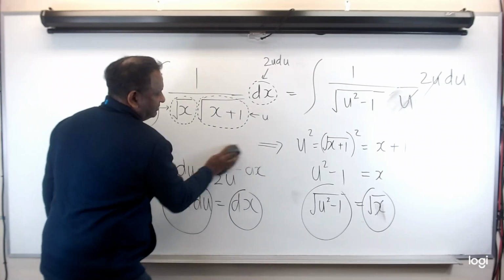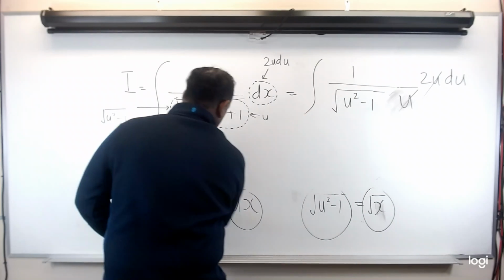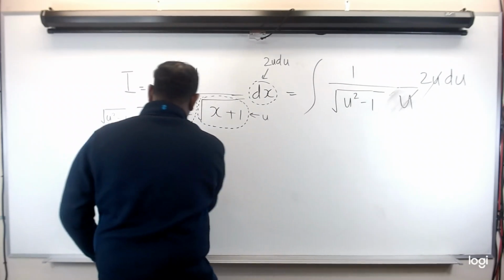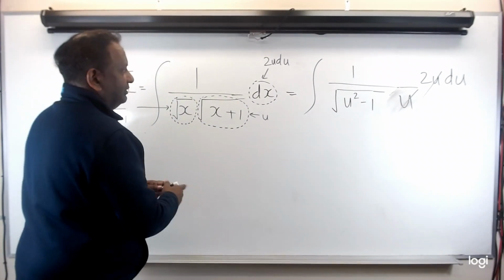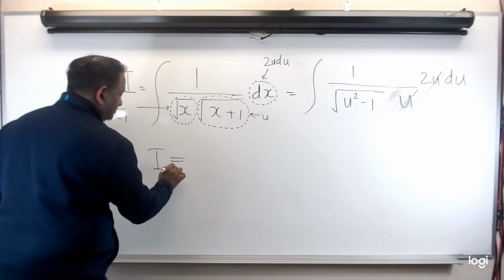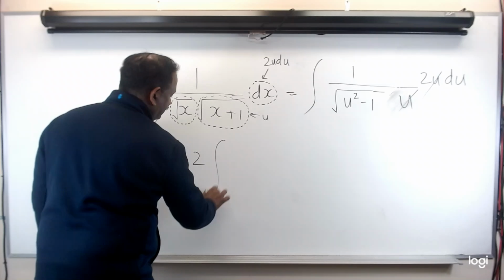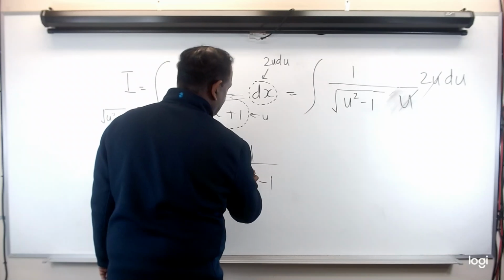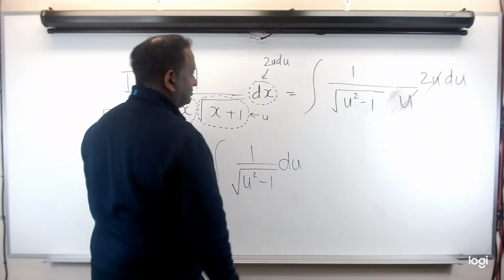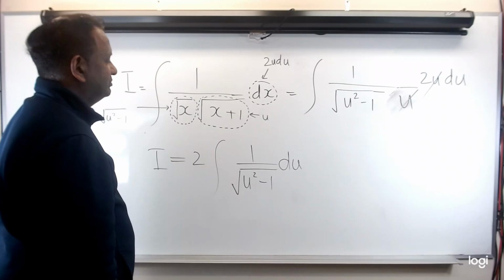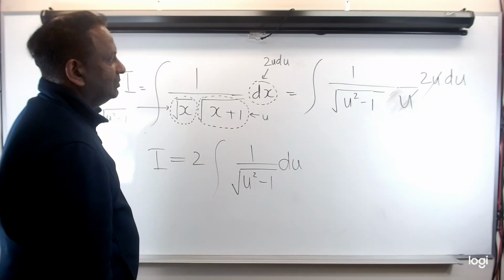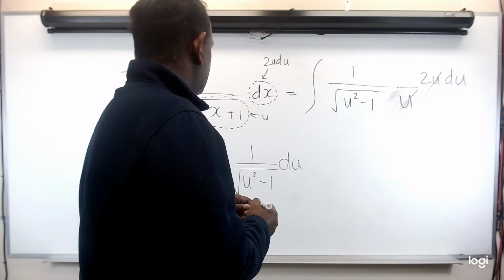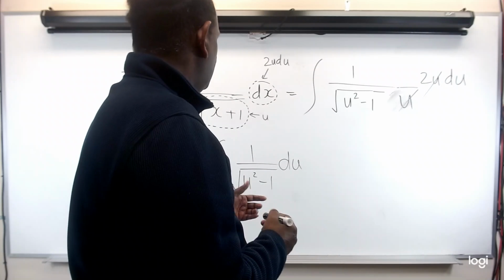Then you are left over with, 2 I can pull out from the integral, 1 over the square root of u squared minus 1, du. Then we have the square root of u squared minus 1.